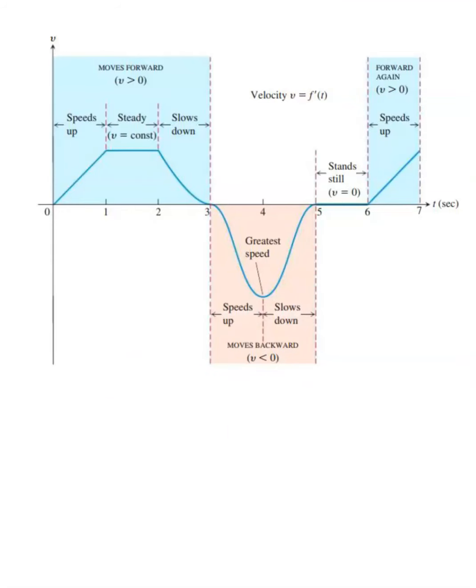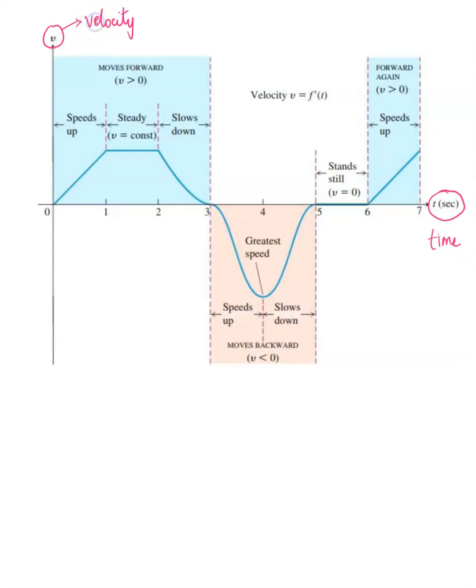Now let's consider this graph. When we learn to read graphs and understand information from graphs, obviously the most important thing is to see what your x-axis relates to and what your y-axis relates to. Here the x-axis relates to time measured in seconds, and the y-axis is v, so that's your velocity.